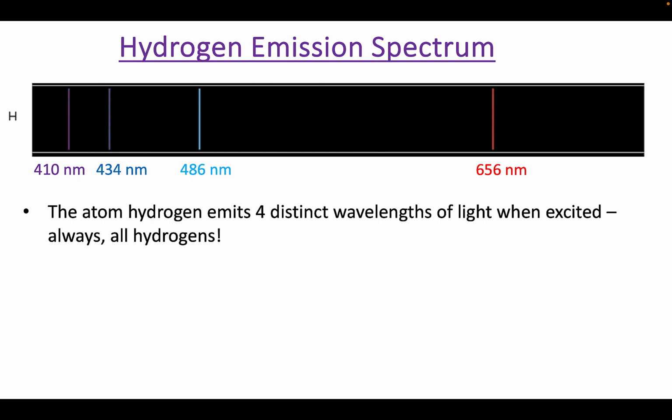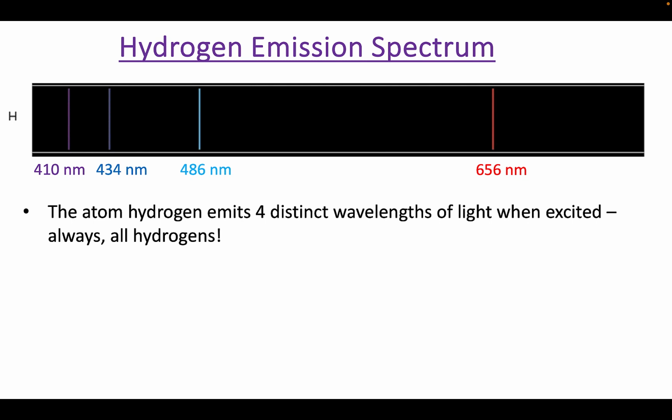Okay, so why is this so important, and what got us to this place where this is an accepted model for the atom? We're going to talk a little bit about the limitations of the Bohr model coming up, but it does have a few really great achievements, and the most notable is it explains the hydrogen emission spectrum.